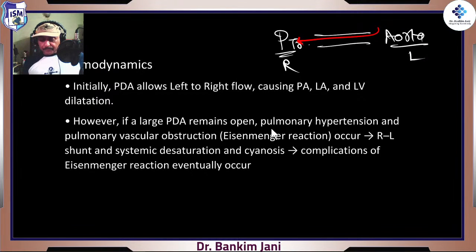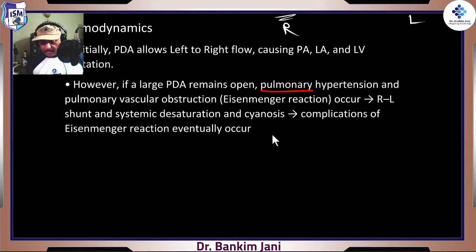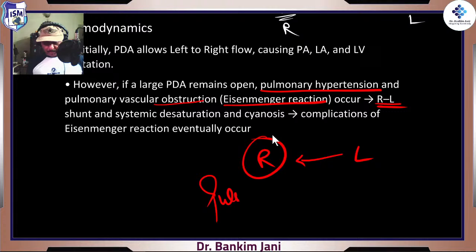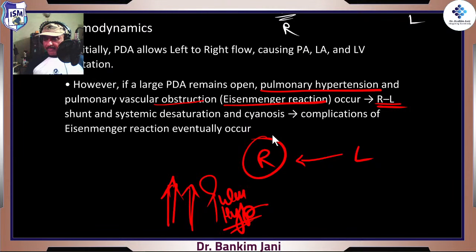Left to right flow. So when such a large amount of blood is flowing, yes, it would lead to changes in the entire system. Pulmonary hypertension, sure. Pulmonary vascular obstruction, Eisenmenger reaction, that is when the shunt is reversed. See, for every shunt there is a left to right shunt, but then there would be pulmonary hypertension. So over here, the pressure has increased so much that it would say, now everything is a pressure game, and there starts the reverse.